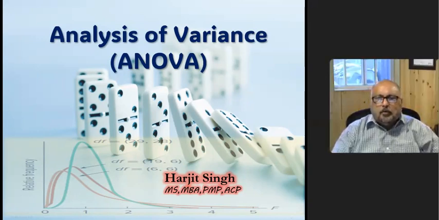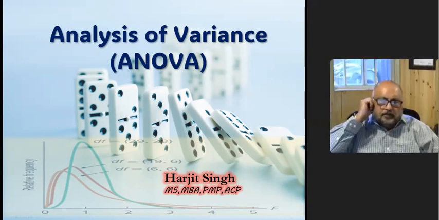So the background about this term called ANOVA, F distribution, why this is called F distribution. The F distribution is named after Sir Ronald A. Fisher, who was a British statistician and scholar who developed this F distribution for analyzing variances in experiments.